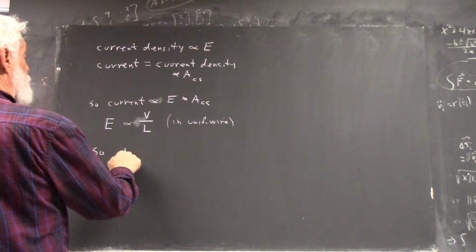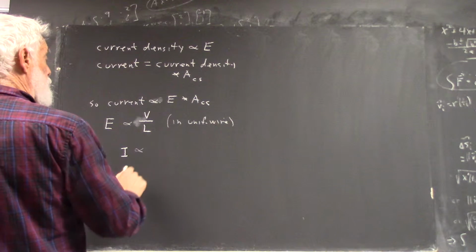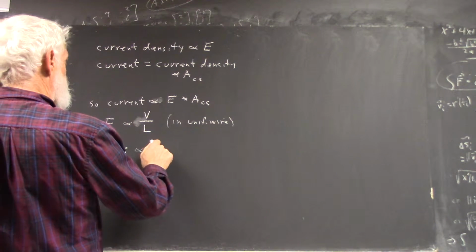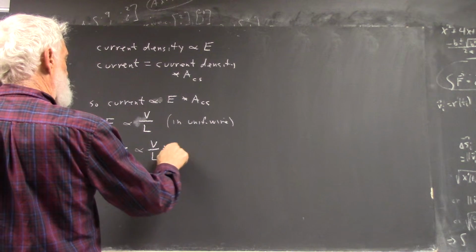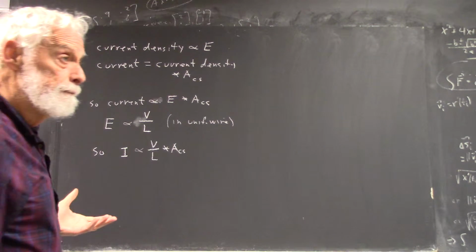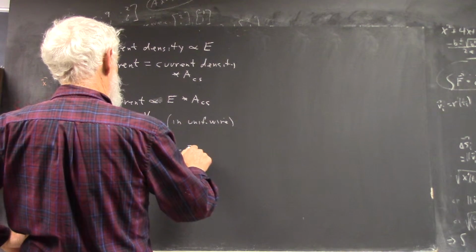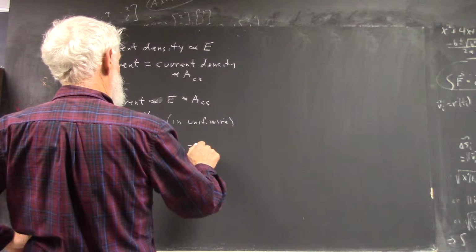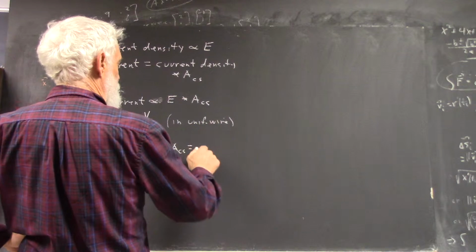So current, which I'll call I, is proportional to V over L times cross-sectional area, which is just, I'm going to write it this way.